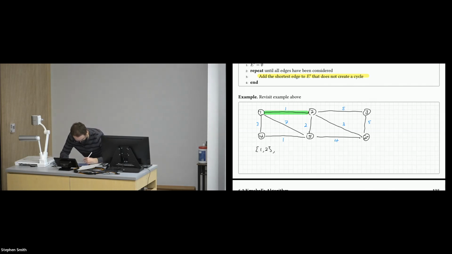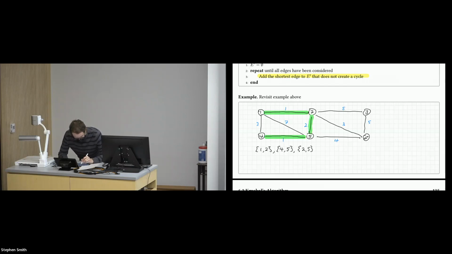Next, I try 4, 5. It's the next shortest edge. Again, doesn't create a cycle. All is good. Now I've got just one edge of length 2, right? Which is 2, 5. So add it.